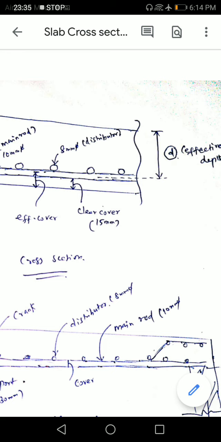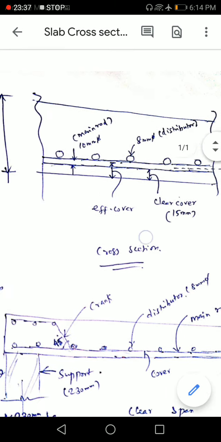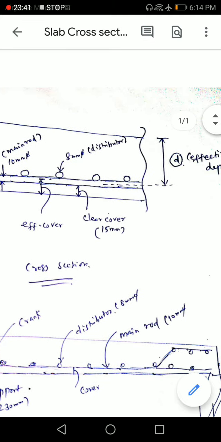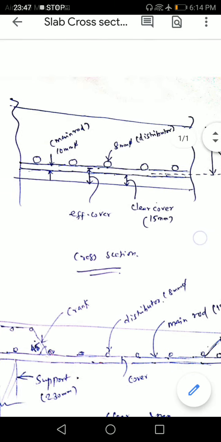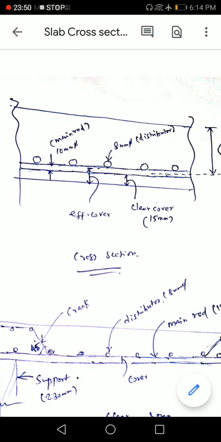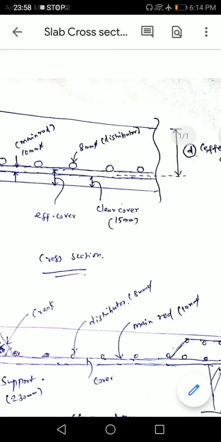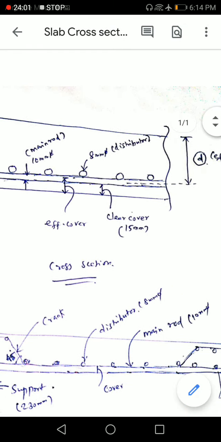diameter. Okay. Therefore, capital D, how to find it? Which is nothing but add small d and half of the diameter of main reinforcement plus clear cover. Normally 15 mm will be provided for slab. Okay, therefore overall depth equal to small d plus half of the diameter.